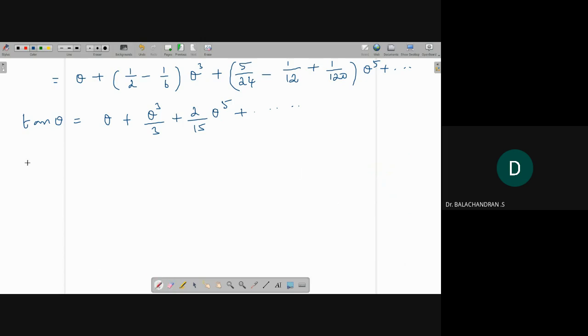Okay, the first problem is, if sin theta divided by theta equal to 5045 divided by 5046, prove that theta equal to 1 degree 58 minutes approximately.